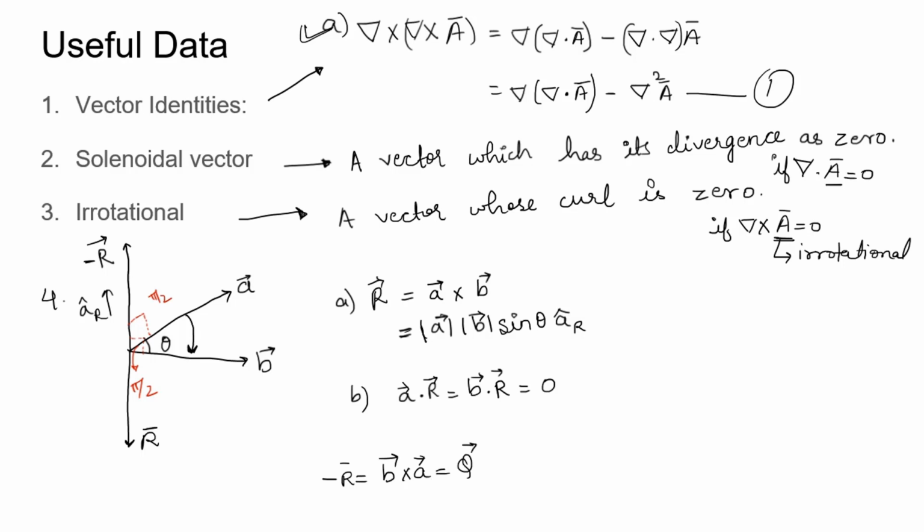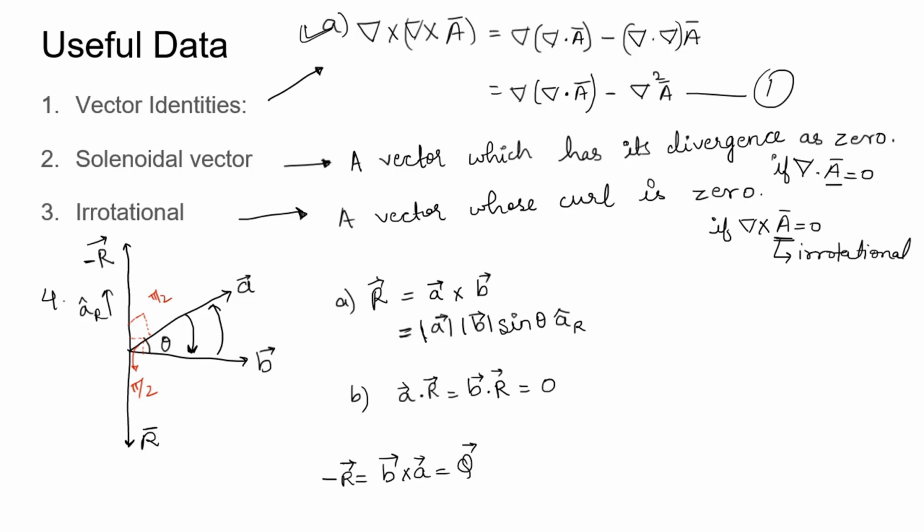Okay, so this is how you evaluate. How will this minus R come? You swap your fingers from B to A in this direction, and then the resultant vector will be minus R or Q. Okay, so this is one thing which we need to keep in mind.